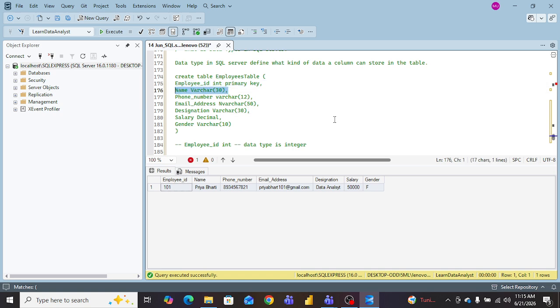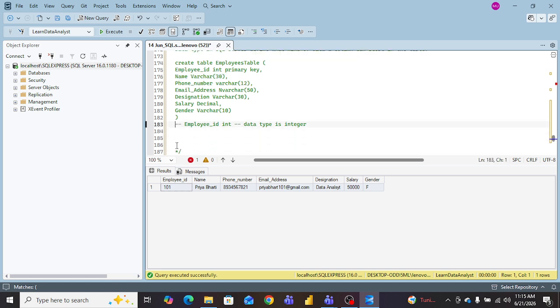Now the name. Here I can make it like this, so you will get a better understanding. The data type is varchar.